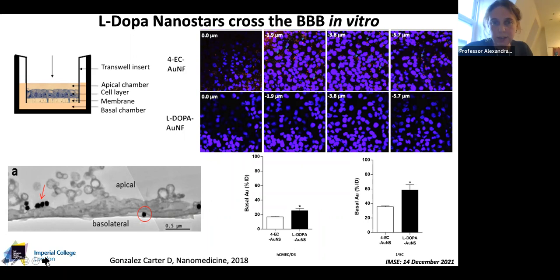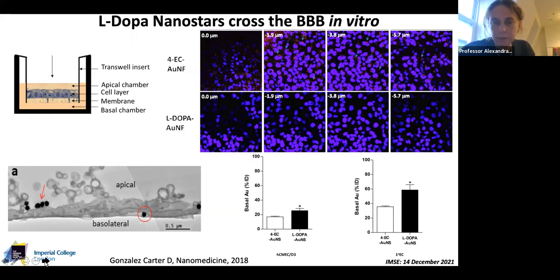We also looked inside the cells, and we found, this is the red here, evidence of these particles within these cells. But on the bottom right, this is what was interesting. So these are the two cell types, the human-derived cell line and our primary cells.